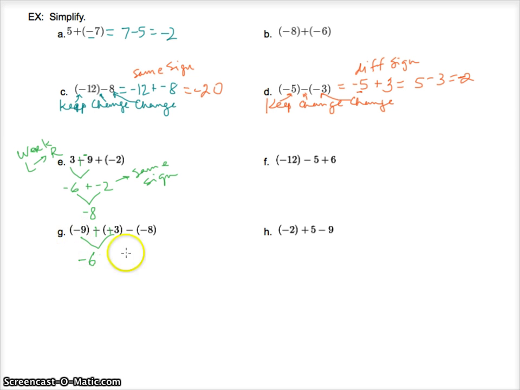And the negative was larger, so I keep that. Minus negative 8. So again, I add the opposite. For subtraction, add the opposite. And now I have to do 8 minus 6, which is 2. And the 8 is larger, so it stays 2.